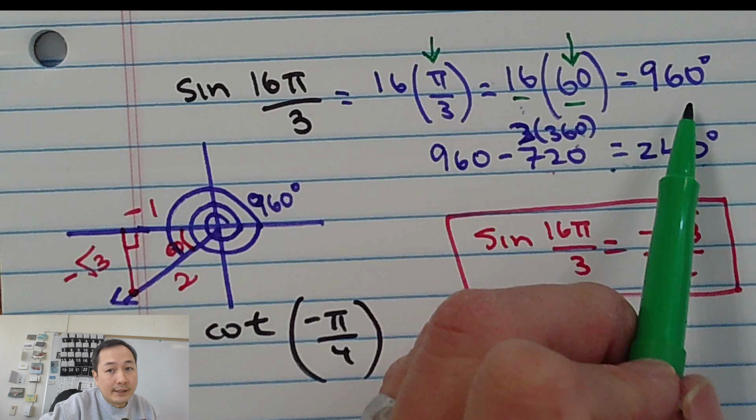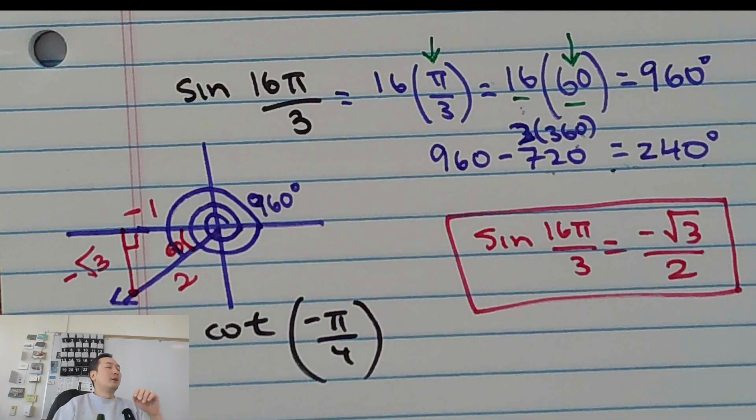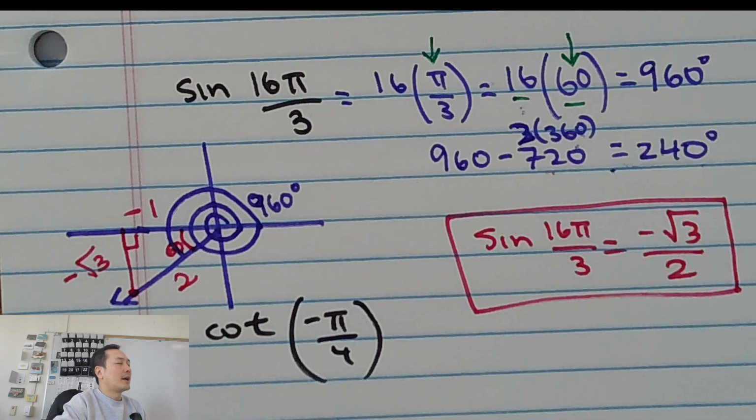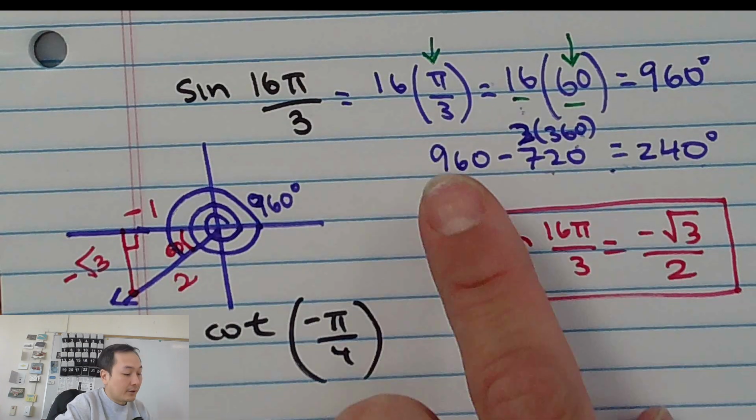And 960 is obviously going to be more than 360. If it's more than 360 and 2 rotations around, it's going to be 720, right? So I just subtracted 960 by 2 times 360, which is 720, and got 240.